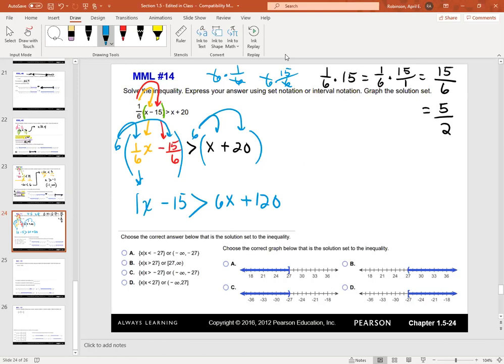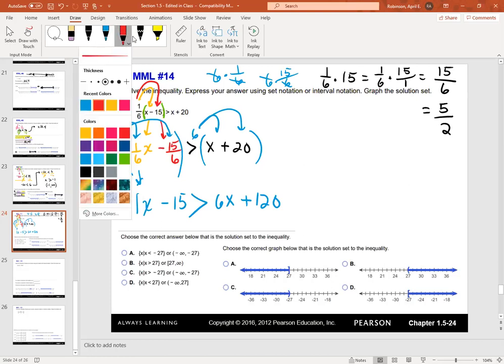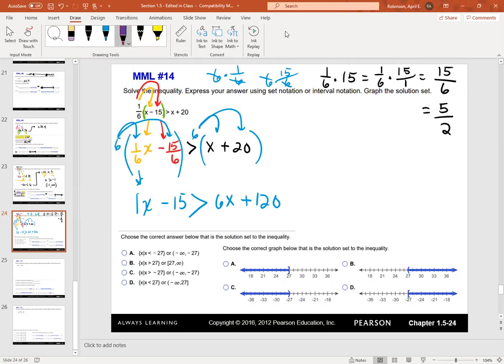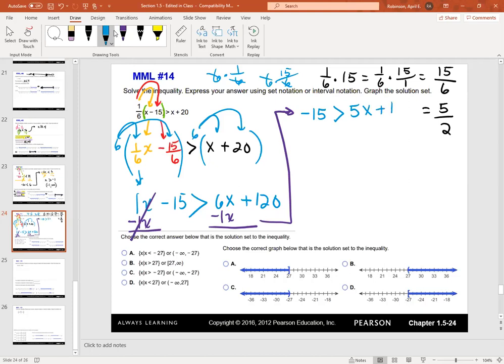Okay, I like to get rid of my smaller x, so I am going to subtract 1x on both sides. That cancels that out, and I've run out of room, so follow me. That's going to give me negative 15 is greater than 6x minus 1x is 5x plus 120.